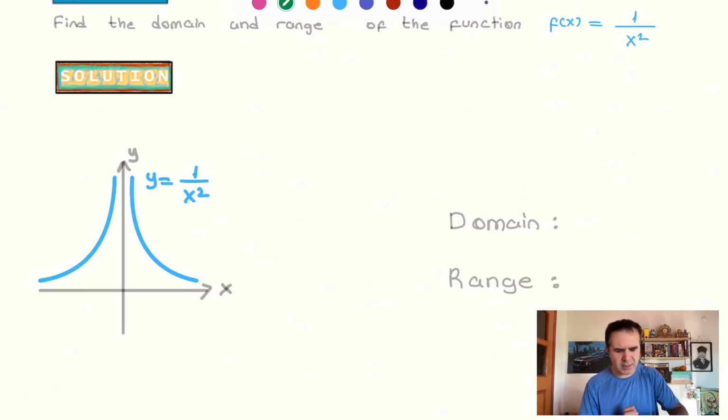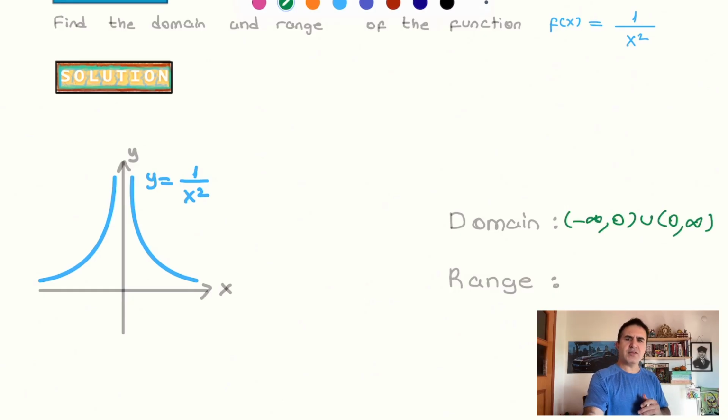For f of x equals 1 over x squared, the function is undefined when the denominator is 0 because division by 0 is not allowed. Therefore, x equals 0 is not included in the domain. So the domain will be minus infinity to 0 and 0 to plus infinity.